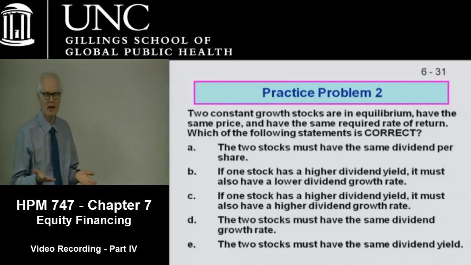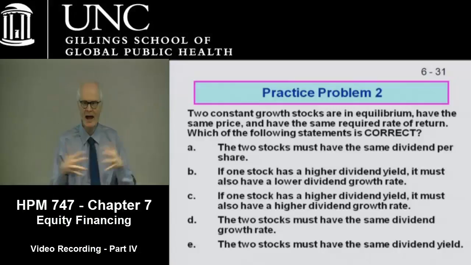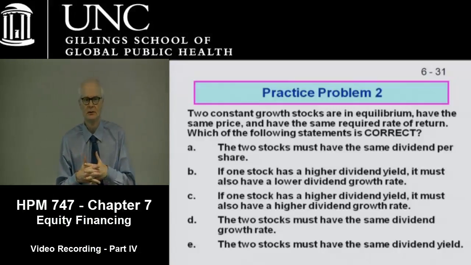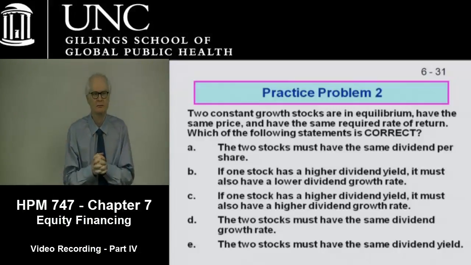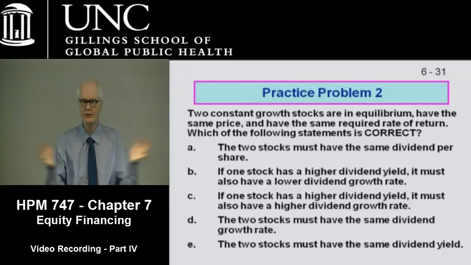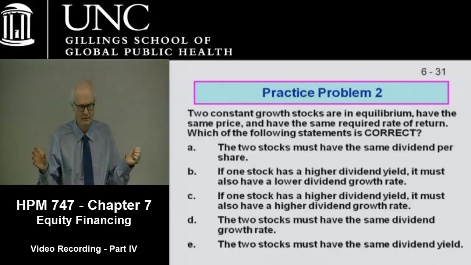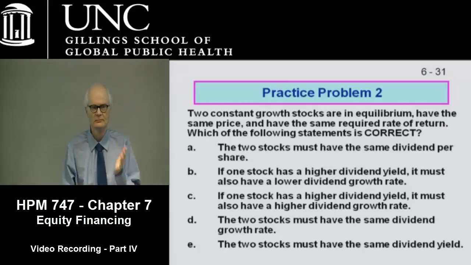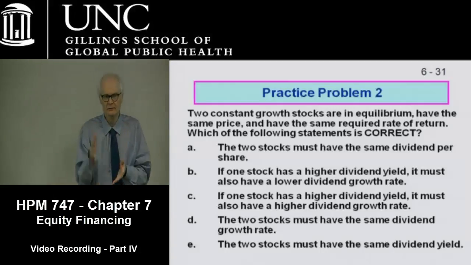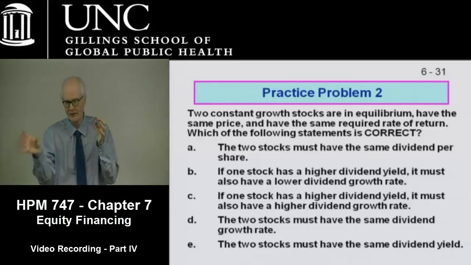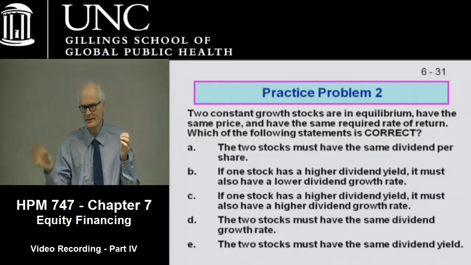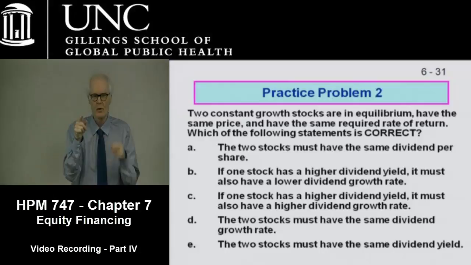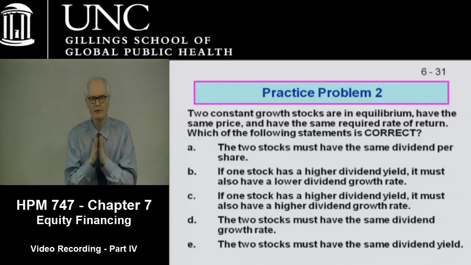Dividend yield and capital gain yield. Those two added together give you the total return on the stock. So if two stocks are identical, they have the same total return. What can be different? If the sum is the same, what happens if they've got different components?